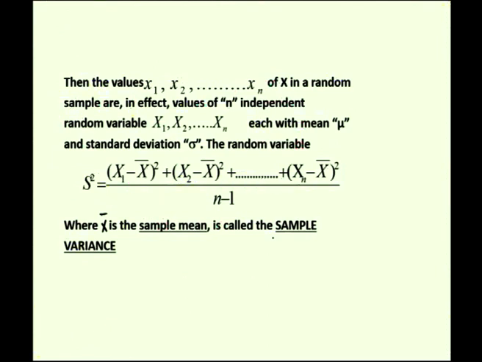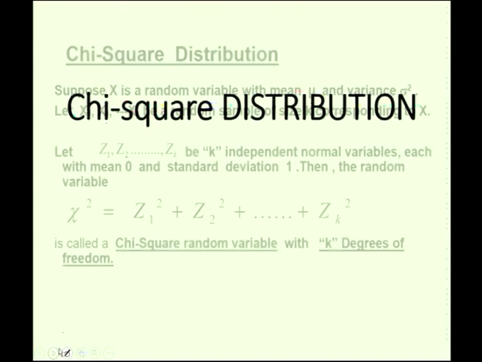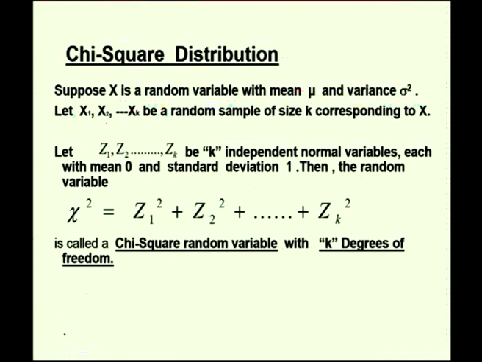Now, how does the chi-square distribution come into the picture when we are discussing the sample variance? The chi-square distribution is derived from samples having single variances. Suppose x is a random variable with mean mu and variance sigma square, and let x1, x2 etc. up to xk be a random sample of size k corresponding to x.